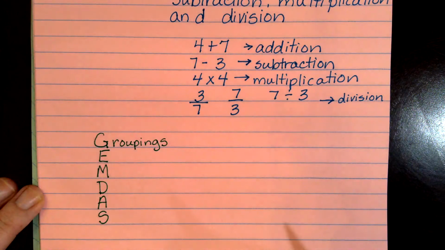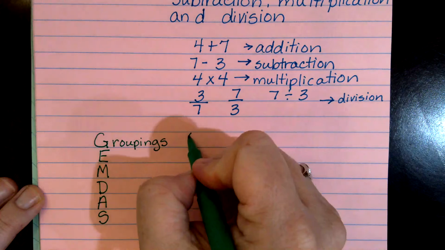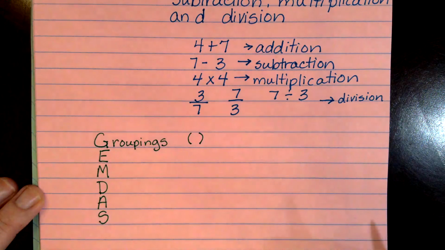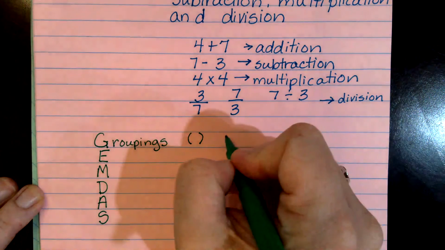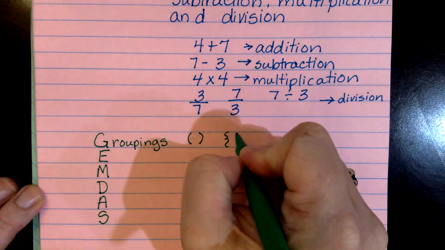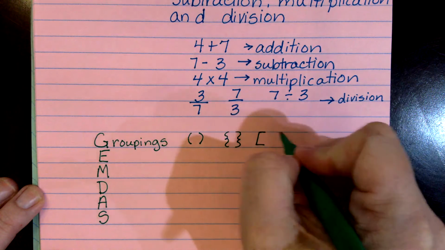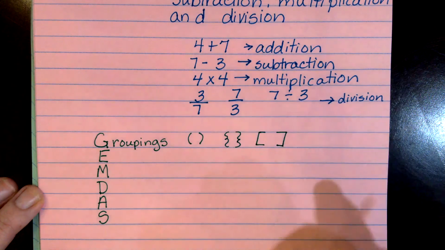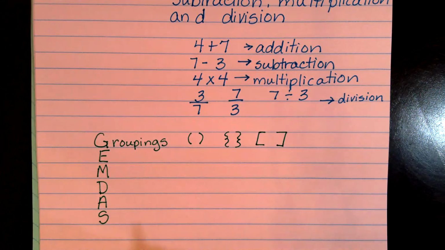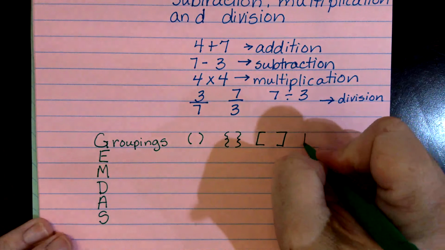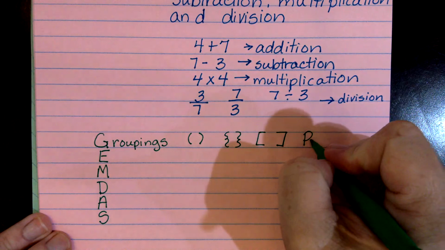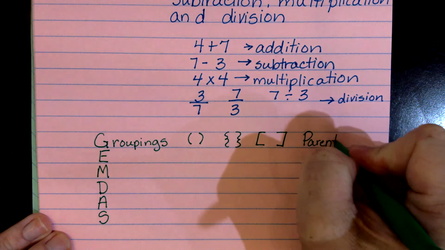If we did this with a P instead of a G, it would stand for parentheses. But when we do groupings, we talk about parentheses, braces, and brackets. These are different ways to show groupings in math. If you did P, it would just be for parentheses.